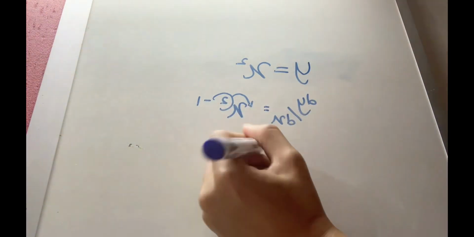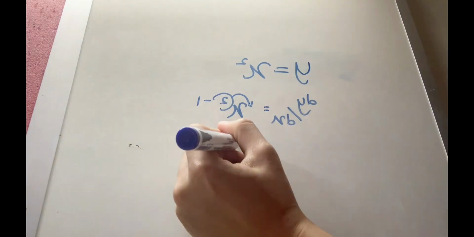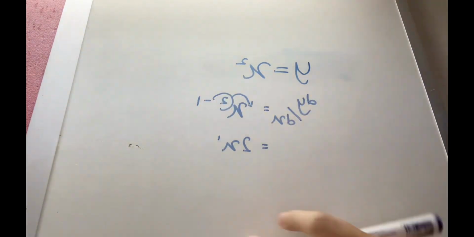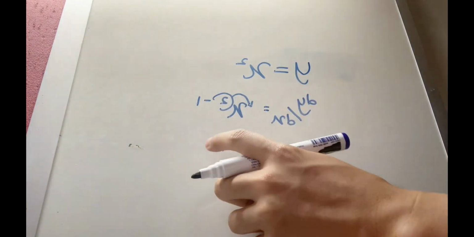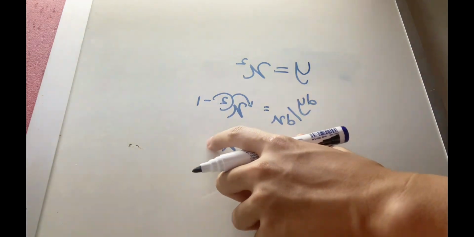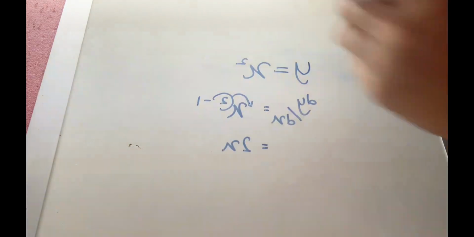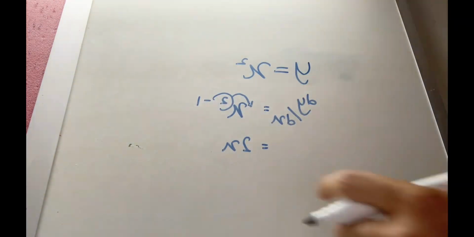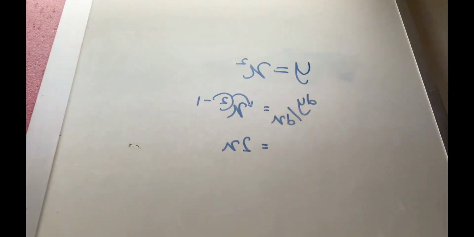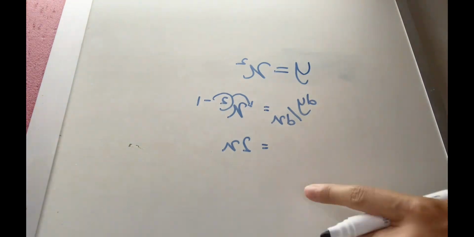Therefore, it will become 2x to the power of 1. But in mathematics, we don't need to write the power of 1. And the answer will become 2x. So this one is for the basics of differentiation.